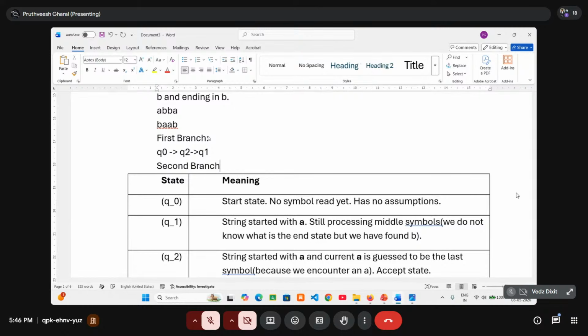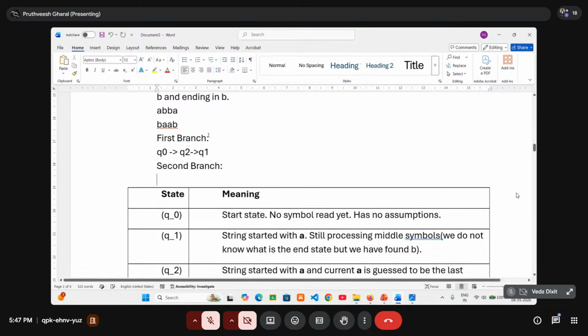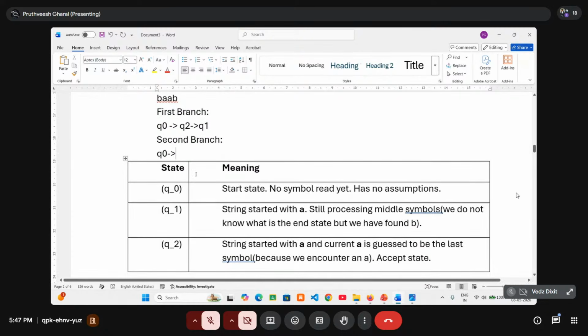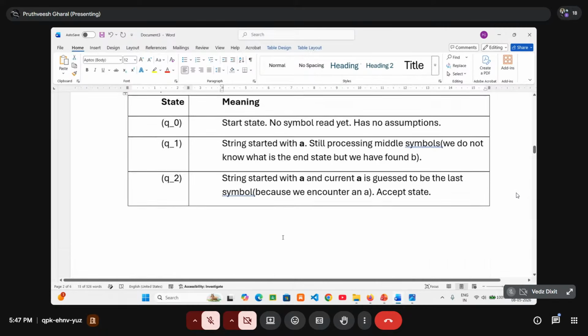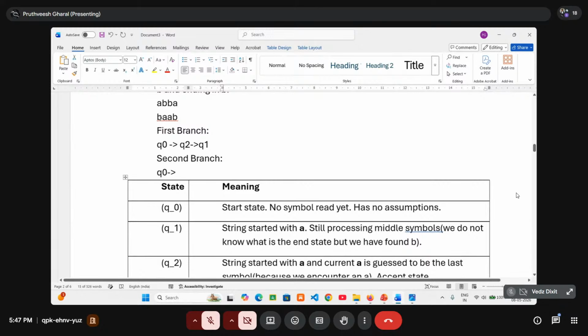And the second branch is when we have started the machine in Q0. In Q0 we have encountered a B, and we have assumed that from this point B must be the last symbol.